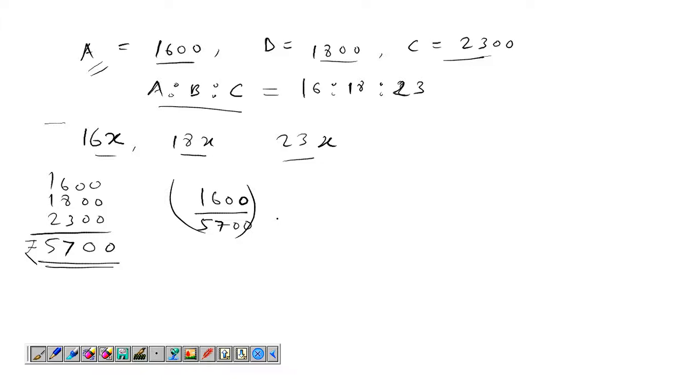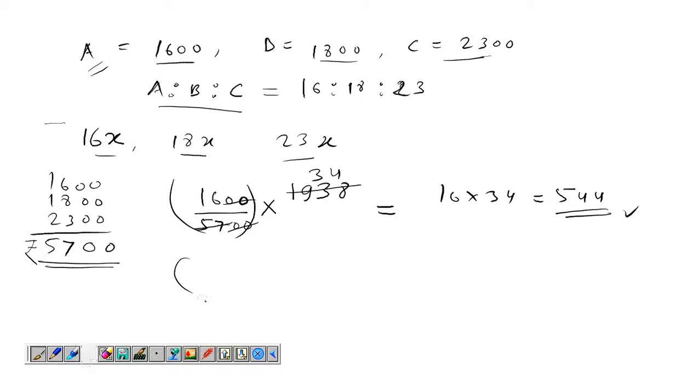Now to get the share of his profit, we have to multiply his ratio of investment with the total accumulated profit, which is 1938. We'll cancel these two zeros, and now we'll cancel this 57. So 57 threes are 171 and 57 fours are 228. So we get 16 into 34, which is 544 rupees, the share of A. Likewise, we'll find the share of B and C.